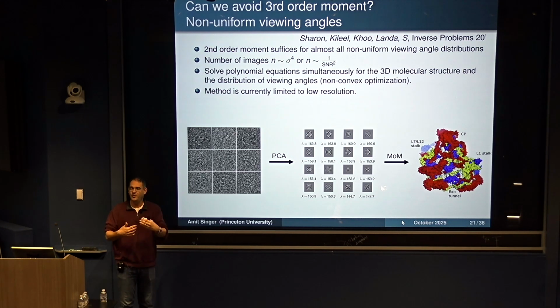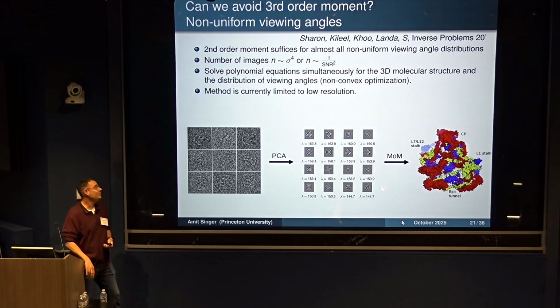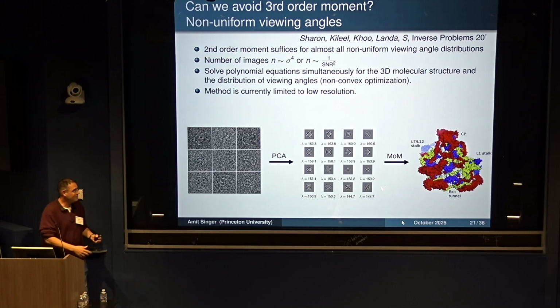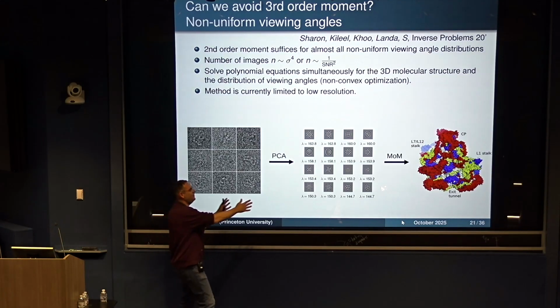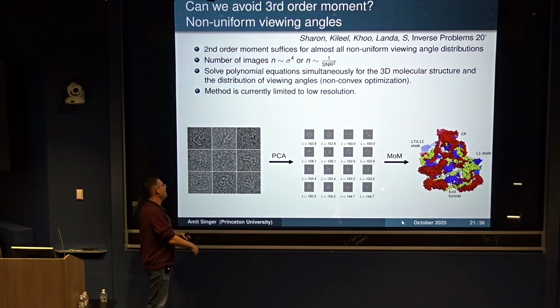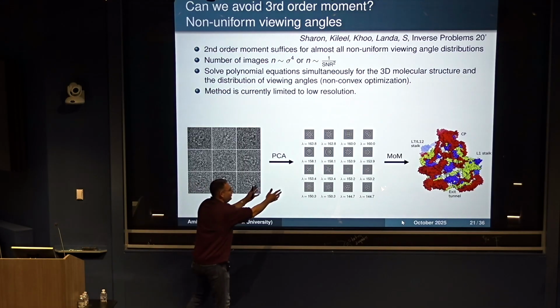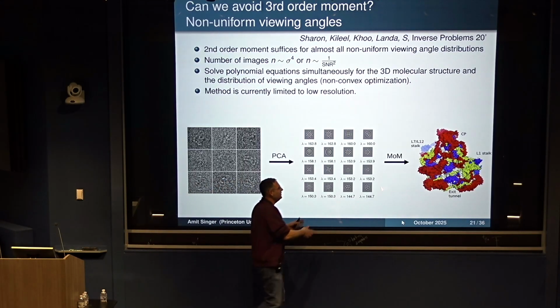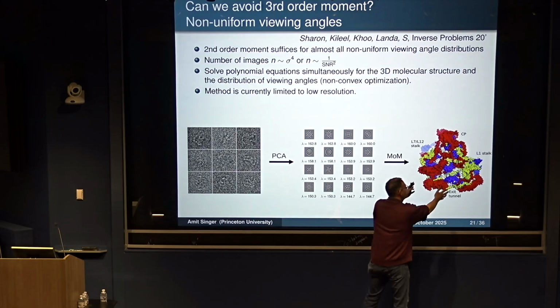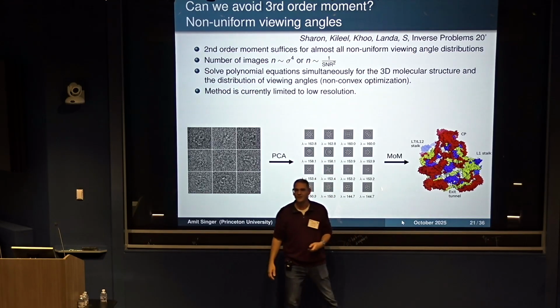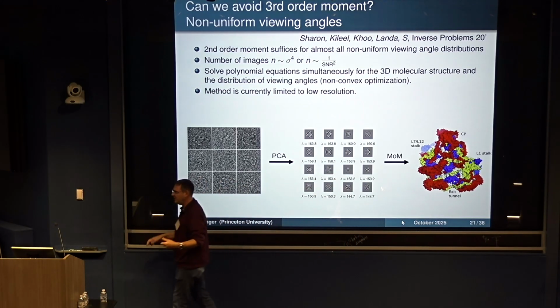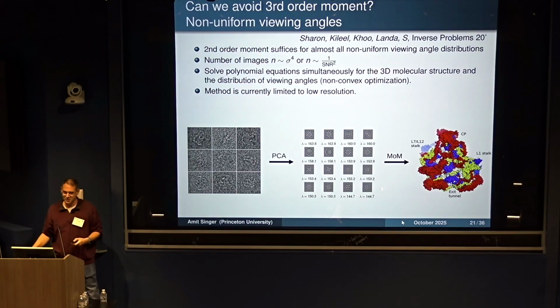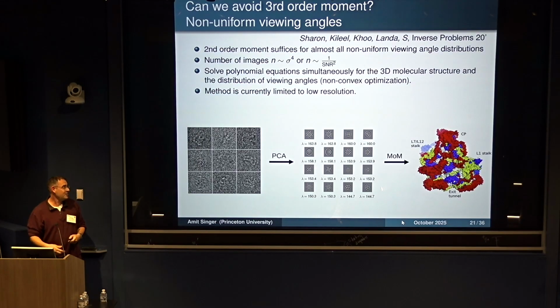Schematically, this is like a dream that has not yet materialized. Basically, second order moment will just be doing PCA for the cryo-EM images, and then from the eigen images and the eigenvalues predicting the 3D structure, just by doing nonlinear optimization to solve these quadratic equations. For now, we can just do it at low resolution.